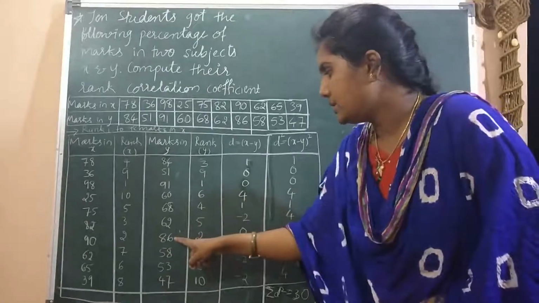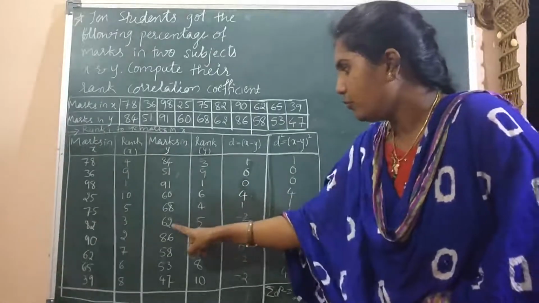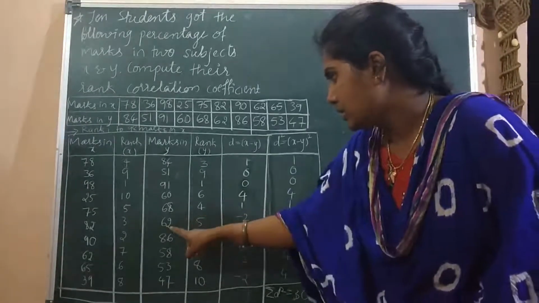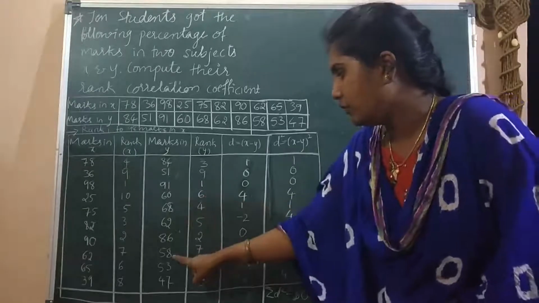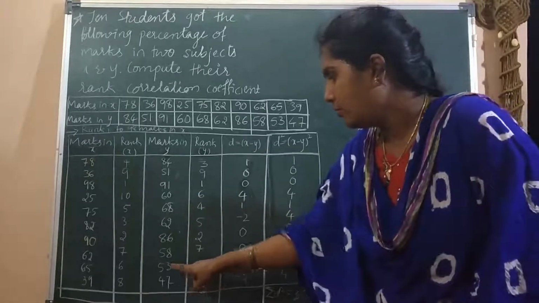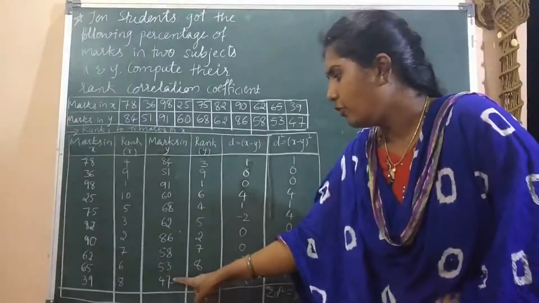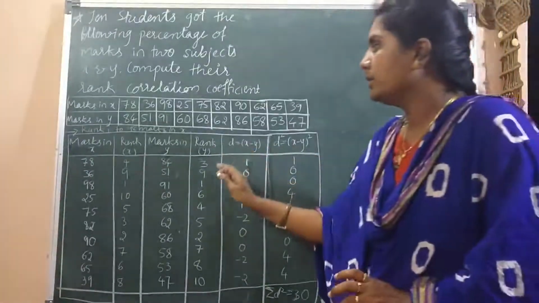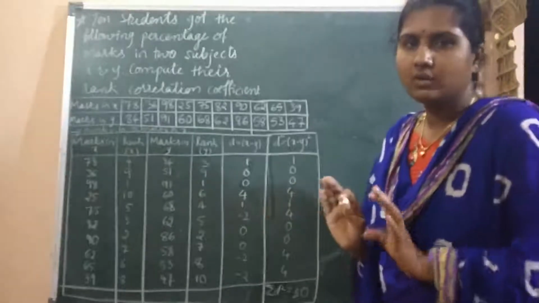Next, for 86 it is 2, for 84 it is 3, for 68 it is 4, for 62 it is 5, for 60 it is 6, for 58 it is 7th rank, for 53 it is 8th rank, for 51 it is 9th rank, and for 47 I have given 10th rank. I have given the ranks just to avoid complications in solving, only that much.